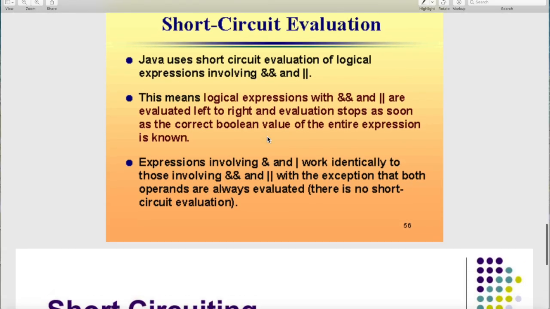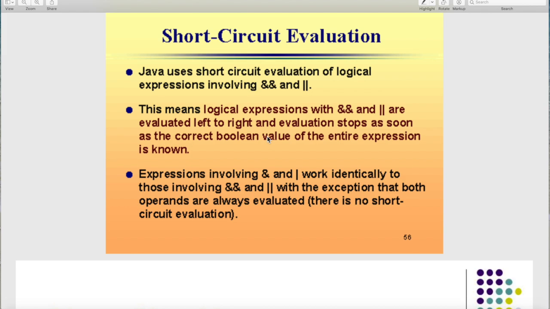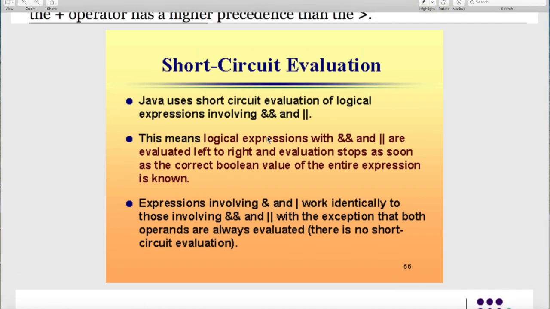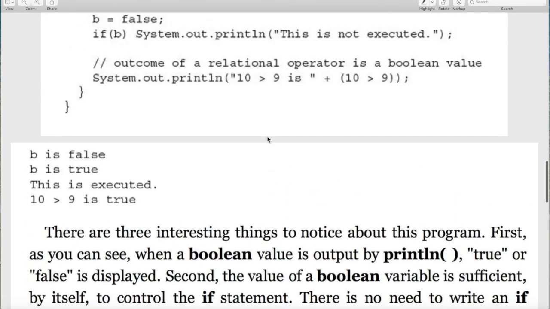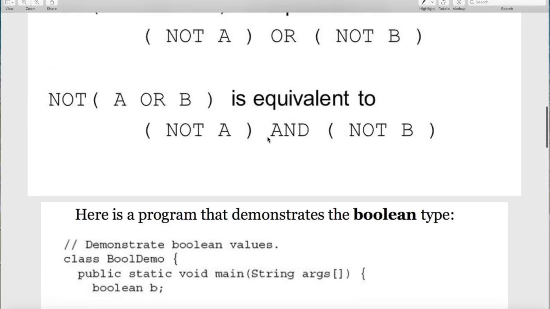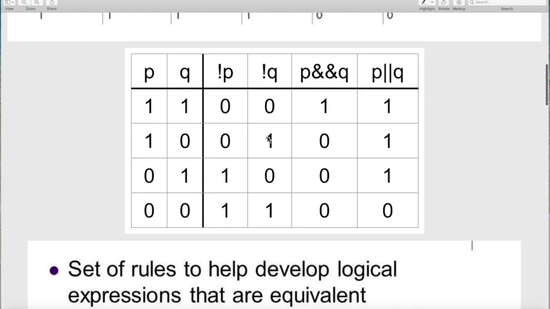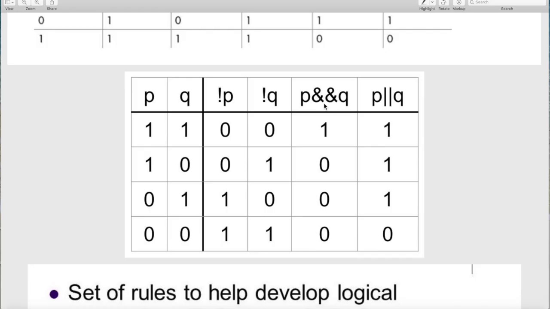When you short circuit something, what it simply means is, if you have an AND, you want to short circuit an AND by putting the statement that is most likely false first. Let me say that again. If you want to short circuit an AND, you want to put the statement that's most likely false first. Remember how AND works. It's going to be false if you get a 0 in there somewhere.